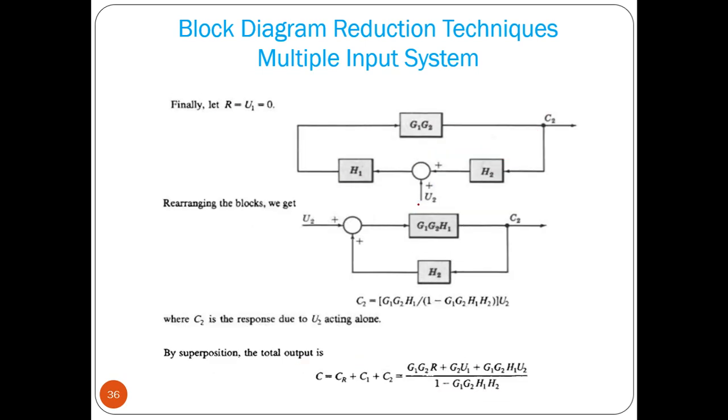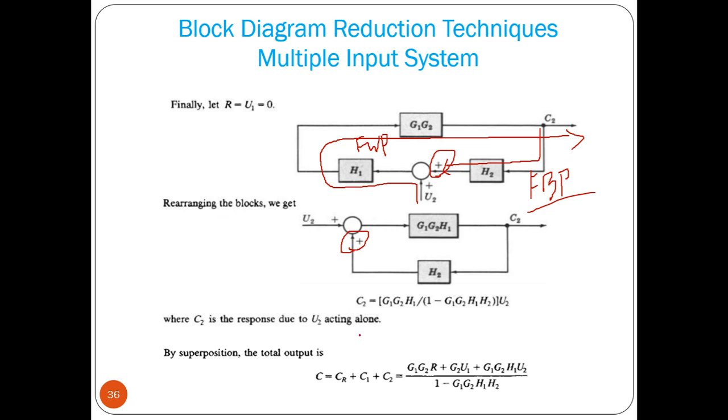So from this input we have H1, G1, G2 going to the output, and from the output we are taking feedback to this. So this is your forward path, FWP, and this is your feedback path. The forward path is G1, G2, H1, and the feedback path is H2, which is positive. So it is a positive feedback.